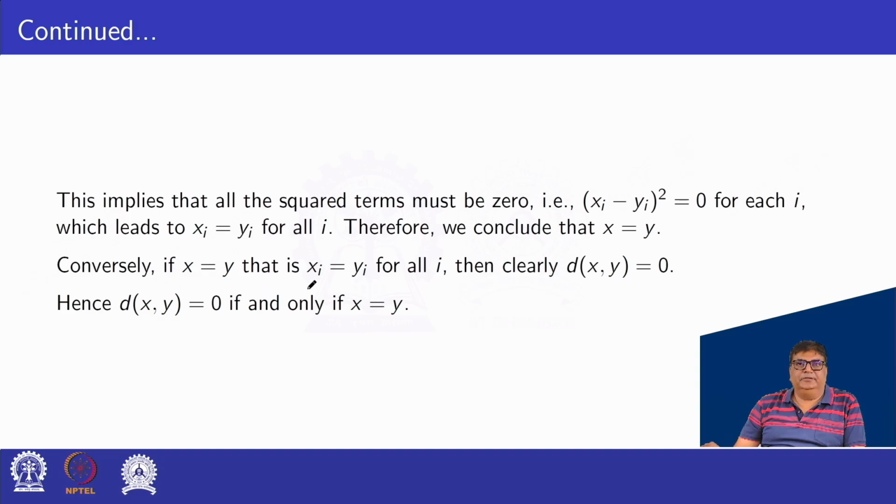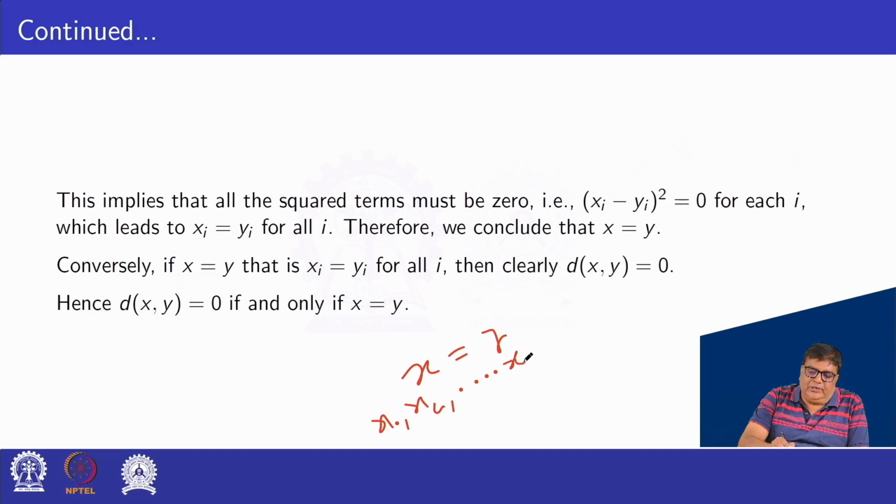Conversely, if x = y, it means xi = yi for all i, then d(x,y) = 0. So if x = y, it means (x1, x2, and so on xn) = (y1, y2, y3, and so on yn).